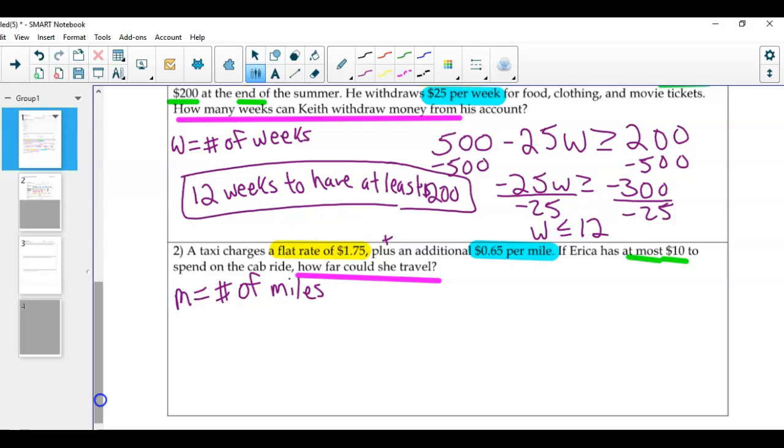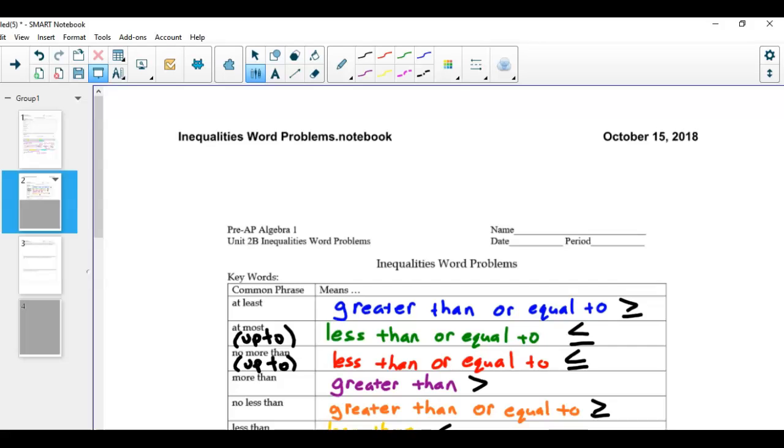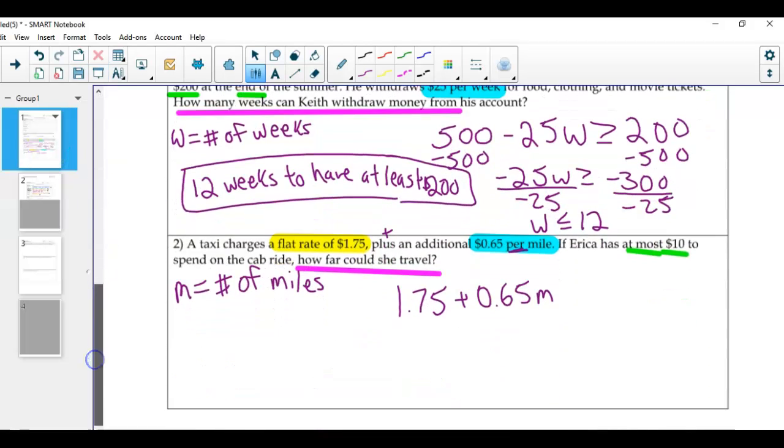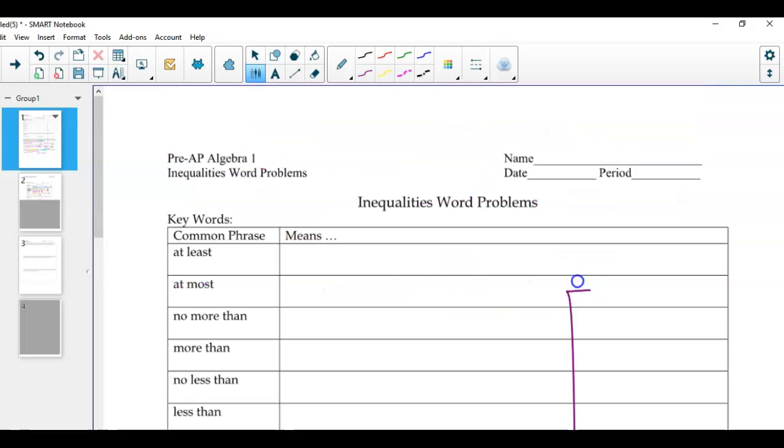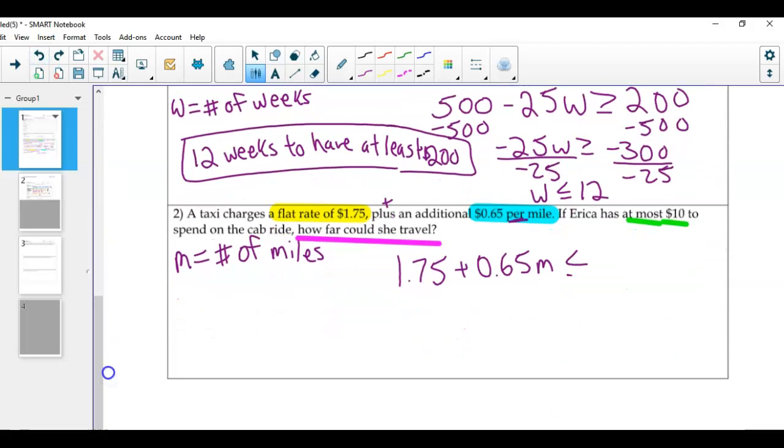But for every mile, she's also going to get charged that 0.65, so this is going to be an addition. Per mile is where our variable is going to go. And at most, looking back to our key words, is less than or equal to. That means she cannot spend more than she has, so this has to be less than or equal to. And then we're solving.